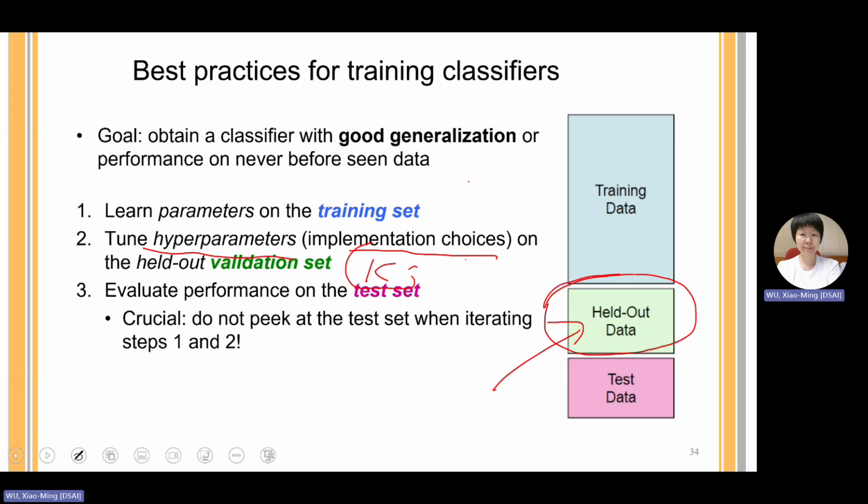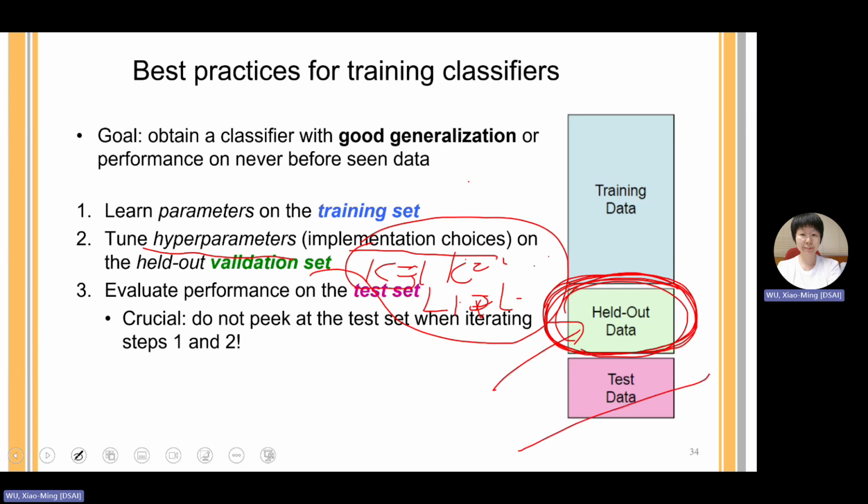So we are going to use the validation set to compare k being 1, k being 2, and k being 3, and whether to use L1 or L2 distance. We are going to use this data, the so-called validation data, to compare these design choices. That's why we need a separate validation set.